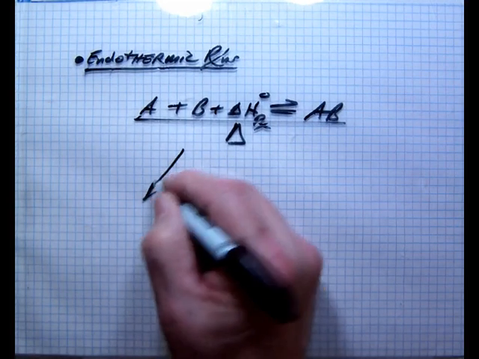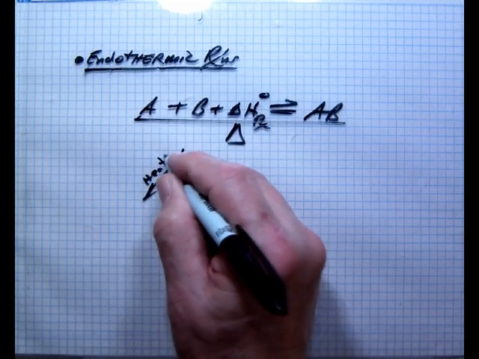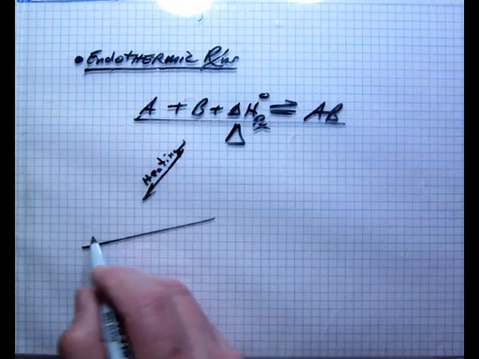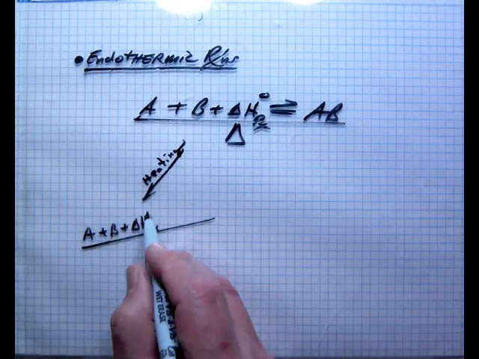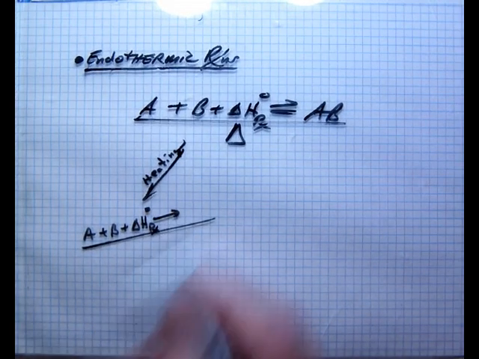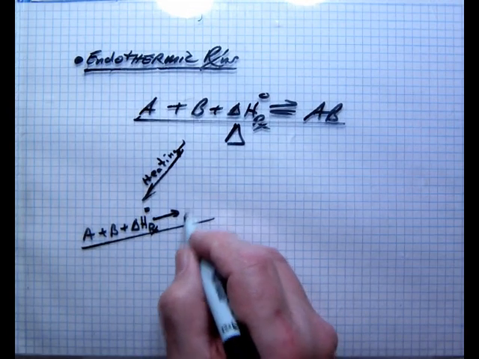Heating causes a tilt toward the reactant side, and the reaction will shift to the right.